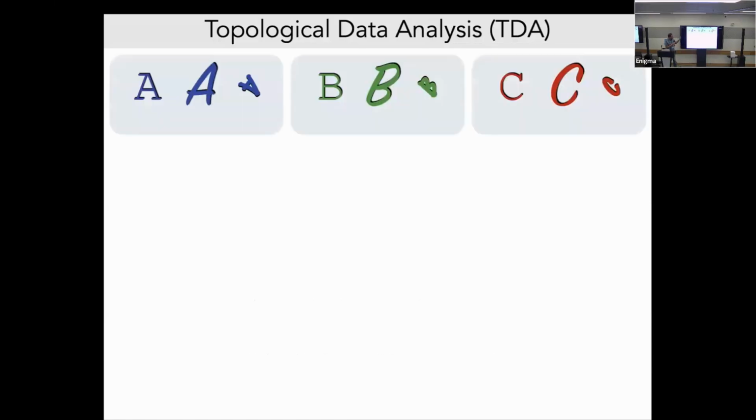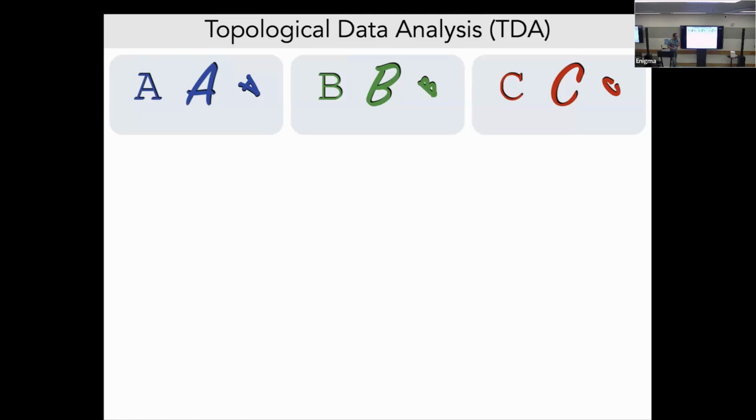The world this kind of problem is mostly related to is topological data analysis, which was mentioned several times already. But to give a motivation, I like this toy example where you look at letters and you try to distinguish just between the letters A, B, and C. A toy example, a simple task.